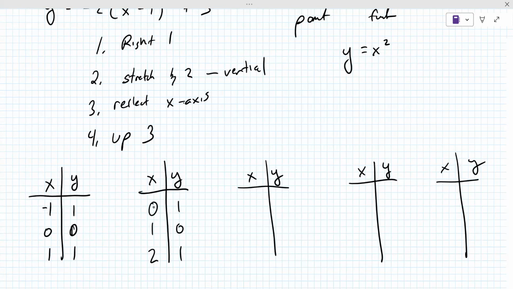Oh wait, yeah, that's y. My bad. It would be 0, 1, 2 for x, 2, 0, 2 for the y. And then reflect over the x-axis. All you got to do is negate all of them. 0, -1, -2. That only affects the y's. Right. Okay, yeah, sorry.